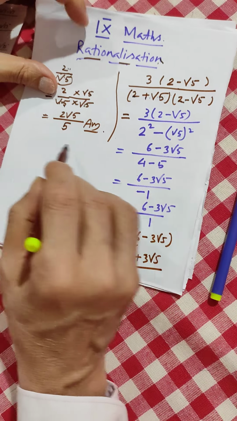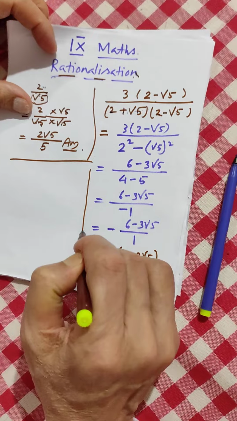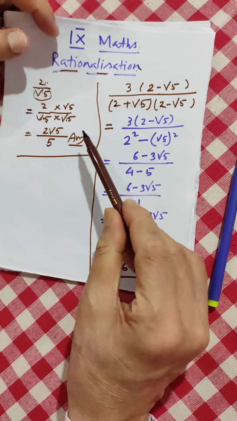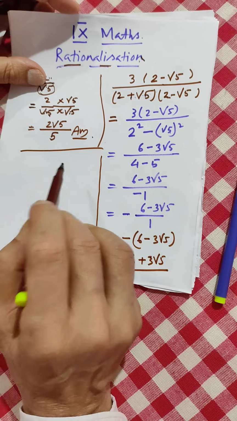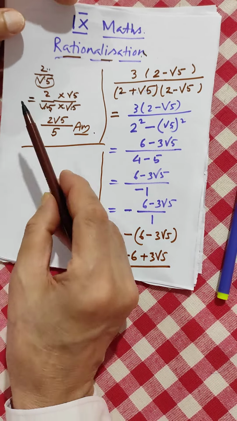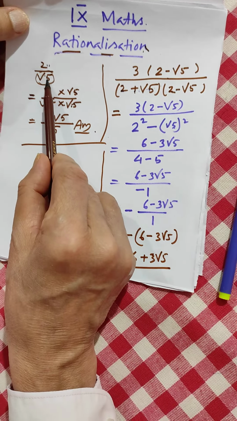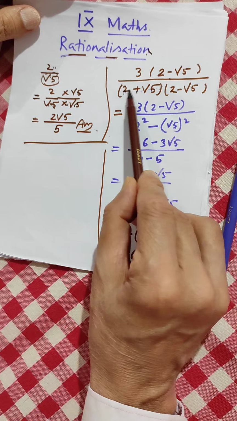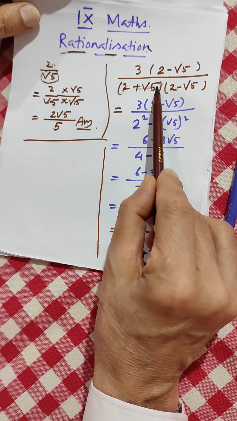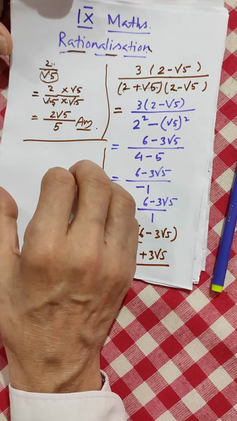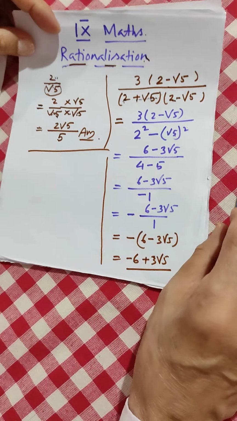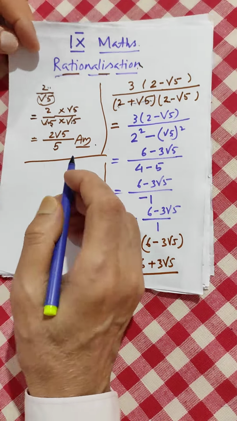But then in the exam, a slightly difficult one is given where the denominator consists of 3 terms, that means a trinomial. Here you see the denominator is a monomial, only one term. Here the denominator is a binomial, 2 plus root 3. Now in the exam you may get some where the denominator is a trinomial. For example, this one.